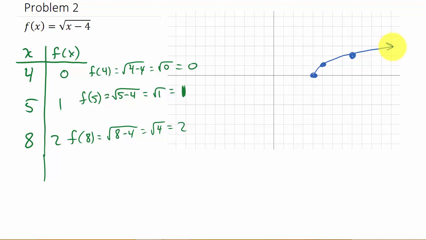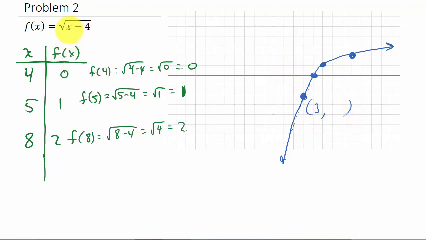Okay, so there's our graph, and the one thing you have to keep in mind is make sure you don't draw this graph coming down like that. Okay, you can't do that because look, let's suppose this is an x value of 3, right? So that would be the point 3 what?